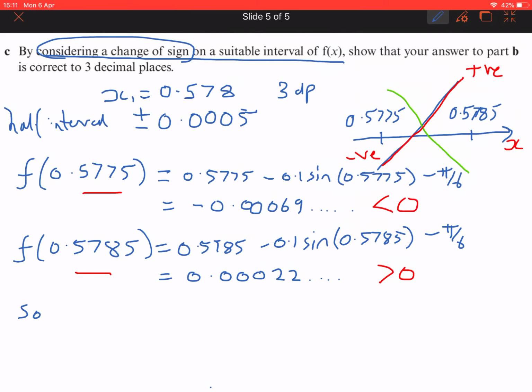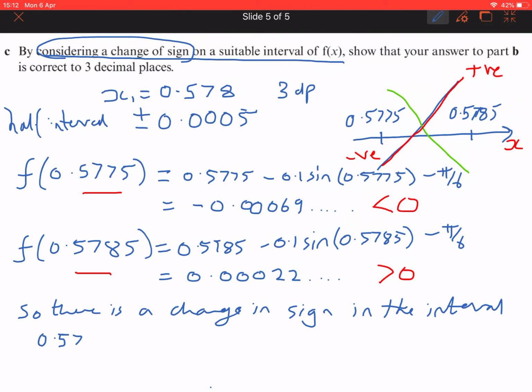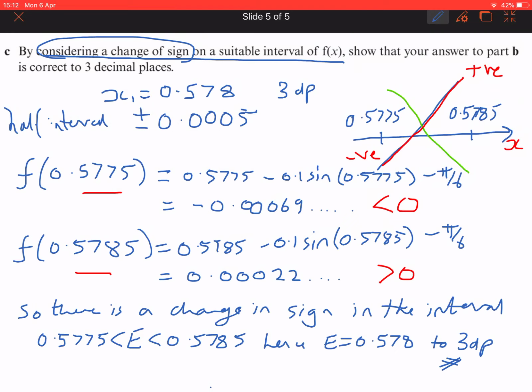So to conclude: there is a change in sign in the interval 0.5775 is less than E is less than 0.5785, so hence E is 0.578, correct to 3 decimal places. Okay, thank you for listening.